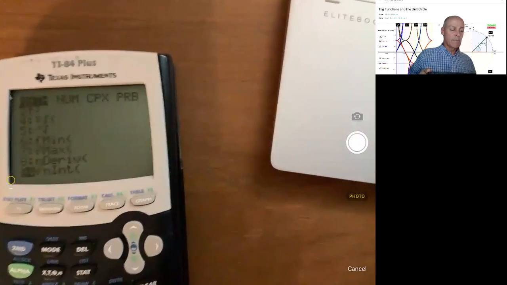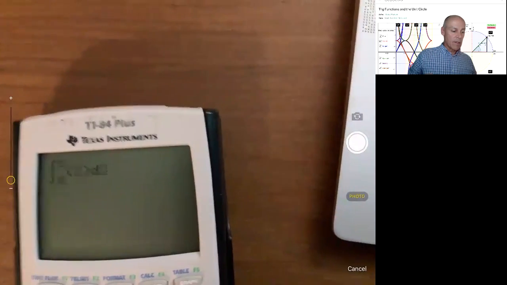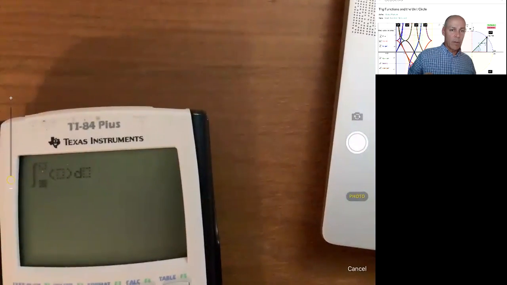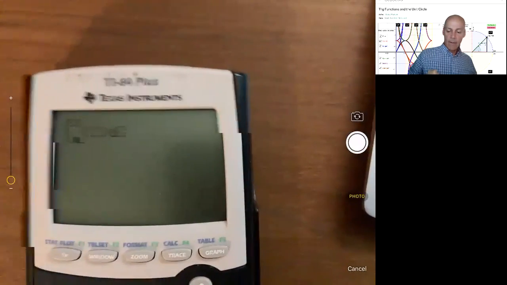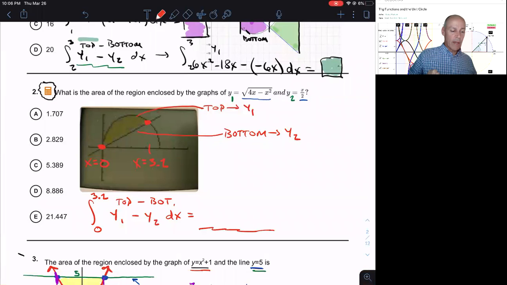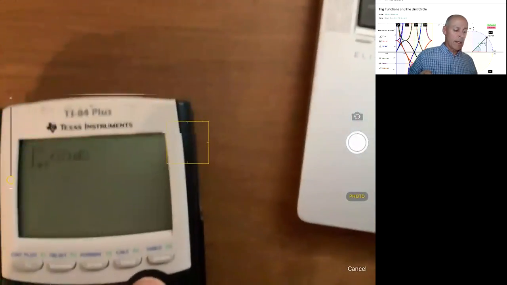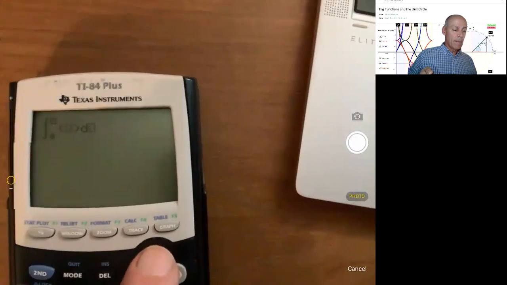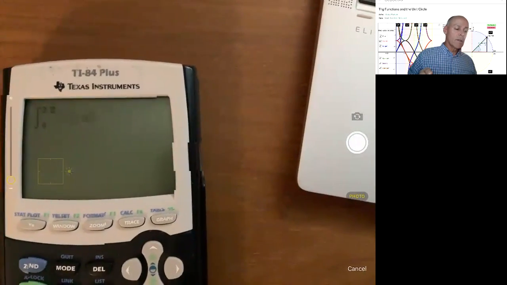So I select that, and now I get a template for a definite integral. Okay, so now I want to enter my lower bound, which is, let's double check again, lower bound is 0, upper bound is 3.2. So my lower bound is 0, and then I arrow up, and my upper bound is 3.2.